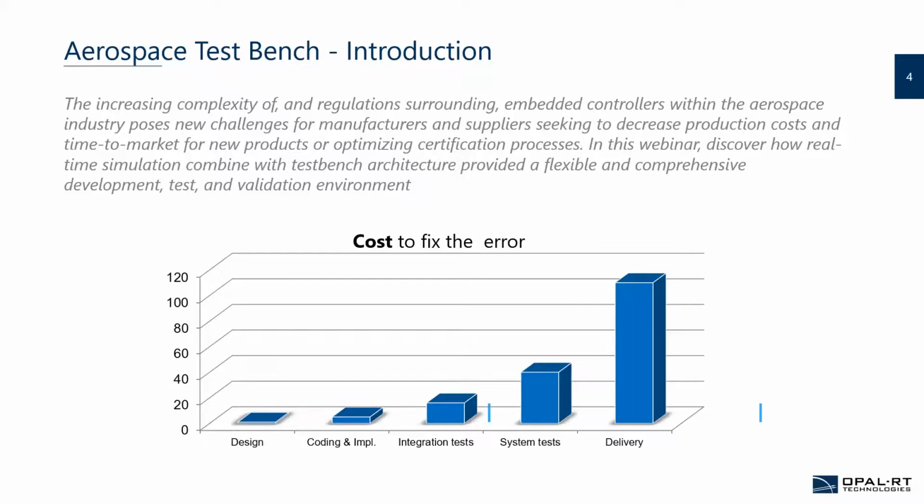Because the real first goal of doing a test bench to test your ECU is finding errors during the test and certification phases, with a test bench as close to the production lab as possible, to make sure that the earlier we find some errors we can fix them, and the cost will reduce a lot compared to waiting later in the process to test the ECU.